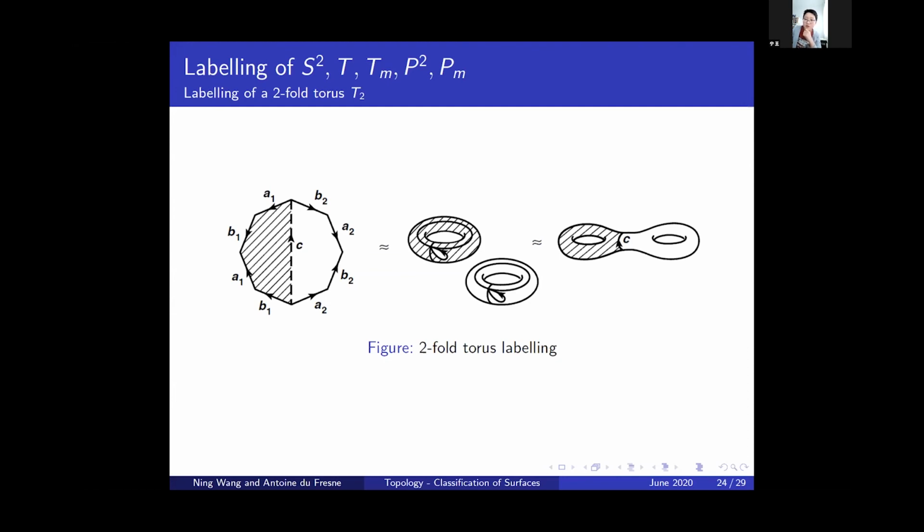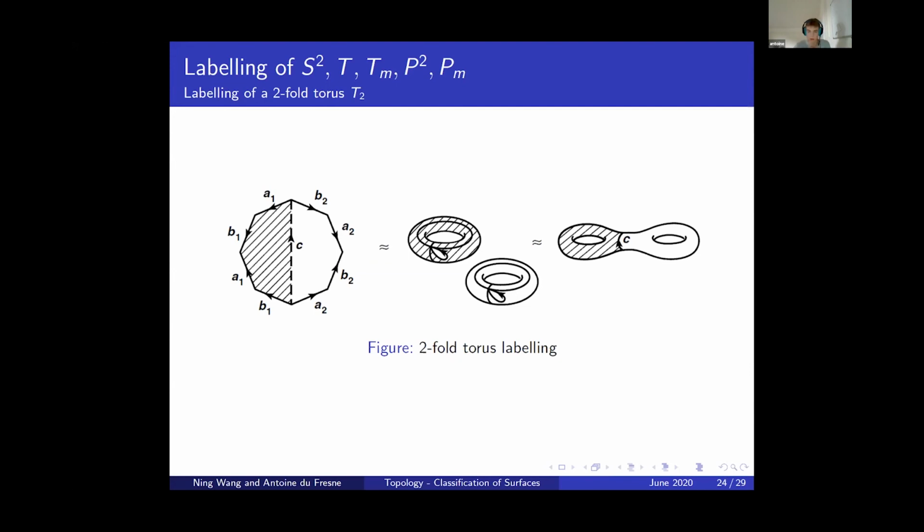So that one shows the twofold torus and its labeling, and the next one shows the threefold torus. We can see it when we cut this polygon in two parts, the shaded area and the blank area. We can see this as a donut, but without a disk.